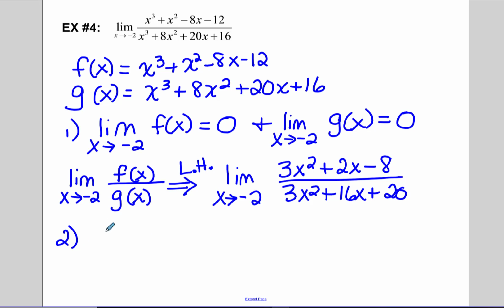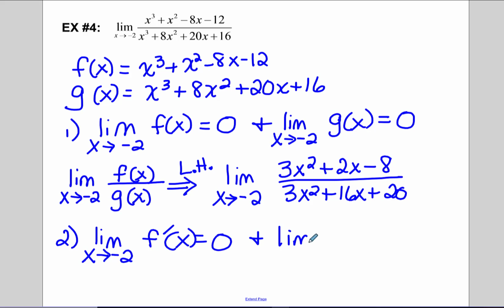Now, the limit as x approaches negative 2 of the derivative of the numerator goes to 0, and the limit as x approaches negative 2 of the derivative of the denominator also goes to 0.